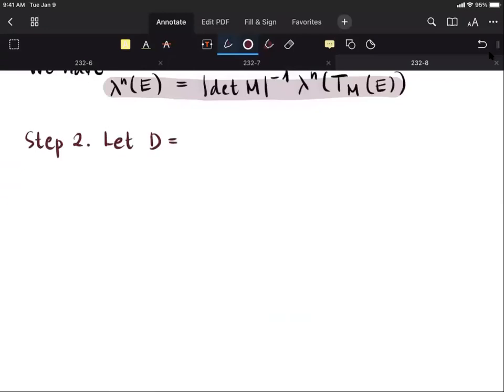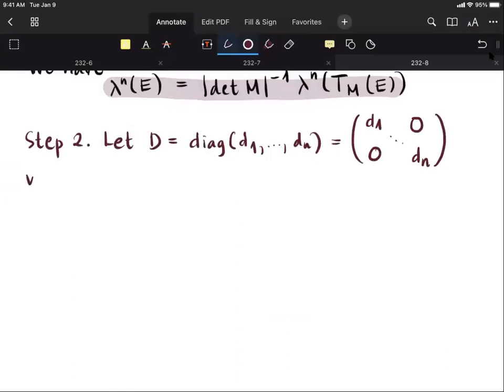Suppose M is a diagonal matrix, and let us denote that by D. This means that you have a matrix where the diagonal entries are given by the vector d1 up to dn, and the rest would be 0, where d1 up to dn are positive.